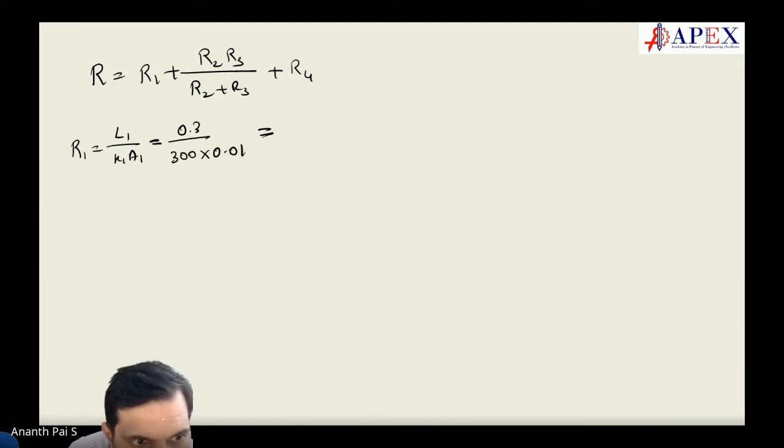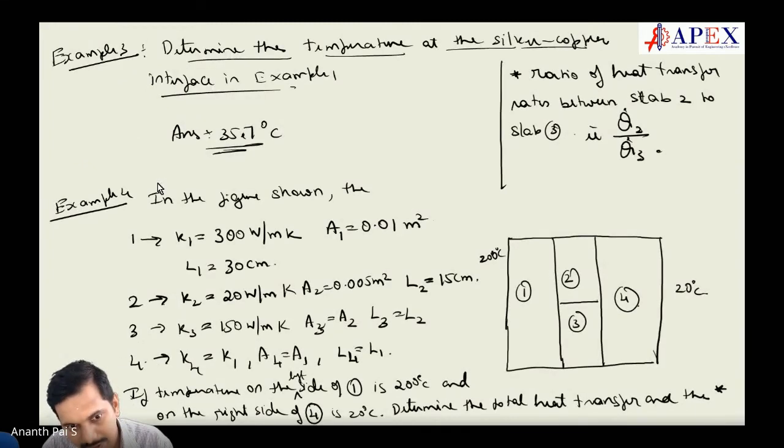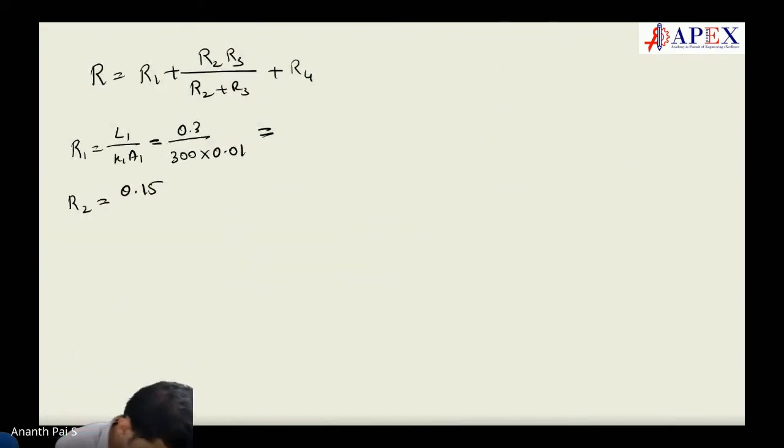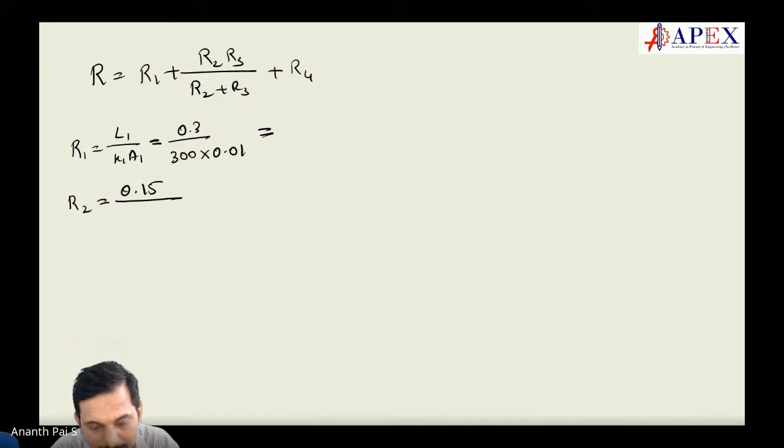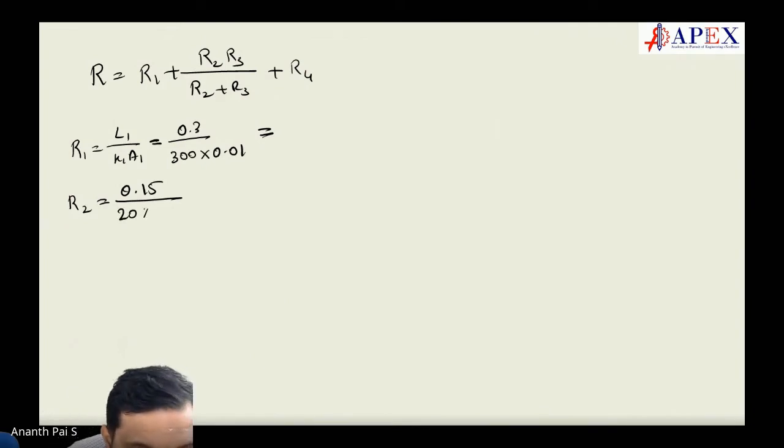See what is the answer? R2 is equal to 0.15, right? 15 centimeter. So 0.15 divided by K2, which is equal to 20, into 0.005.